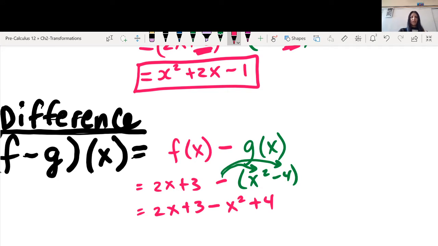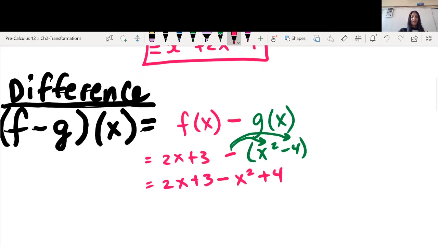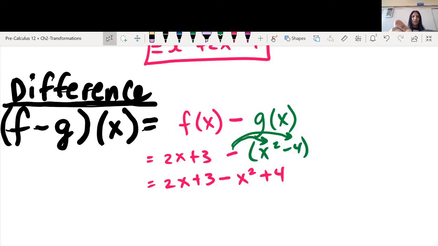Same thing as what we did with the example above, we want to simplify and rearrange these to write it in appropriate format, which is usually in descending order. So just this and this can be combined, and the others I need to rearrange. So minus x squared, I'm going to move to the front, plus 2x, done, 3 plus 4, so plus 7.